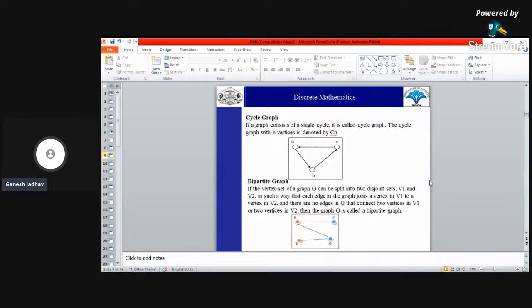Another type of graph is the bipartite graph.